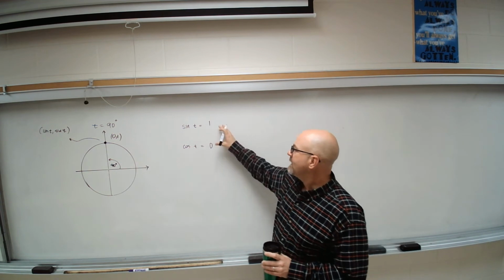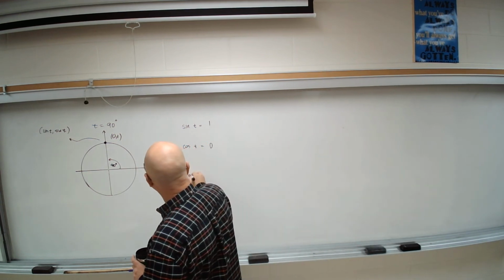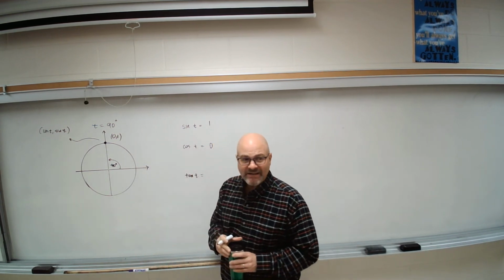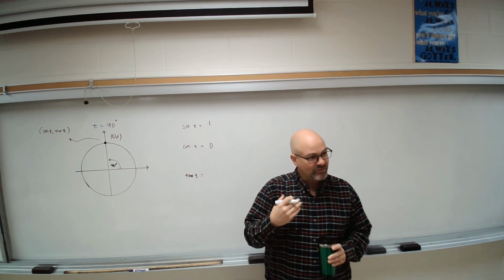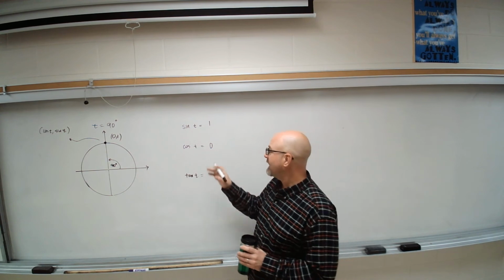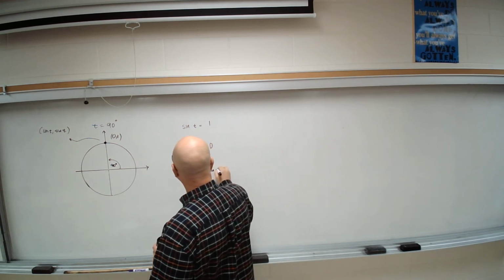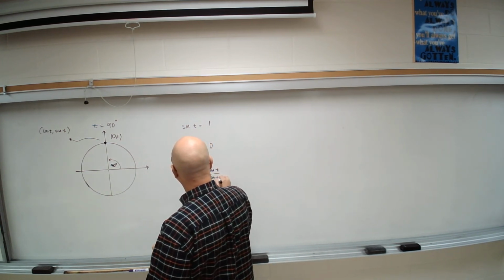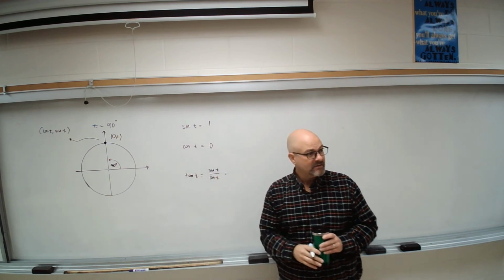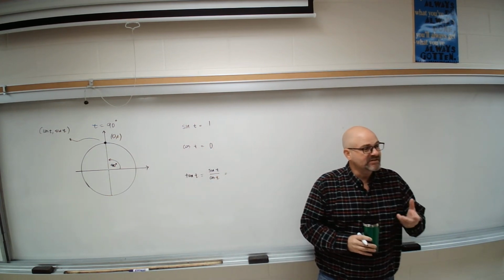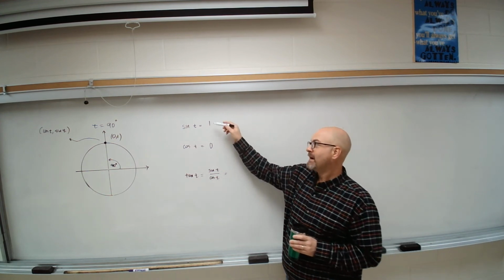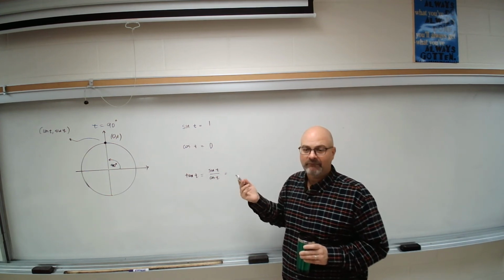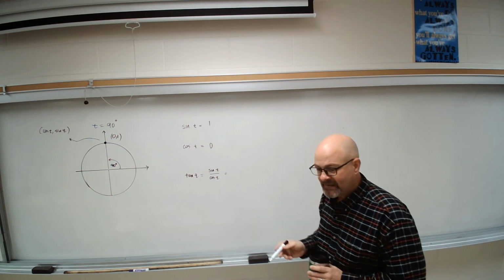So now, at this point, I'm going to go ahead and find the tangent of t. Well, I could do y over x, if I remember that. I could do lots of different ways, but I'm going to think of it as the sine of t over the cosine of t. Right? That was one of our definitions. The tangent is just sine over cosine. I always figured that's why you always see sine written first. I don't know that for a fact, but it always made sense to me.